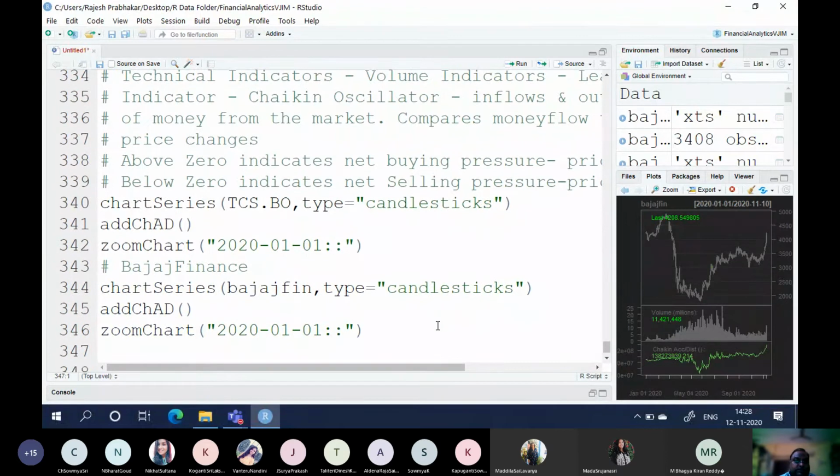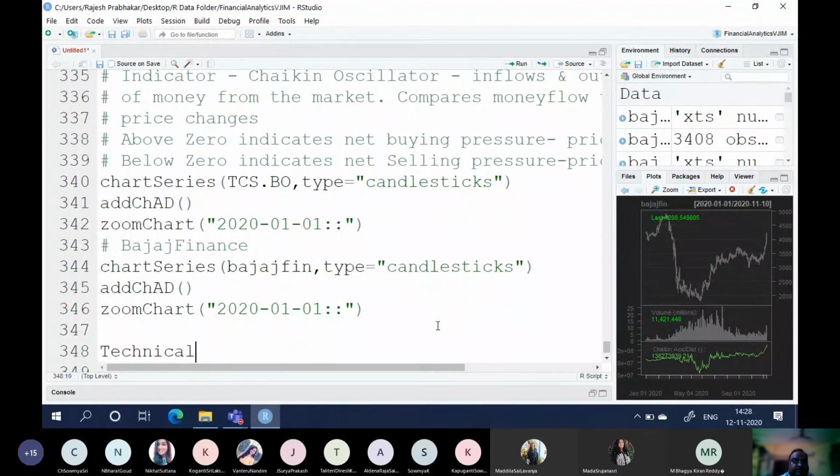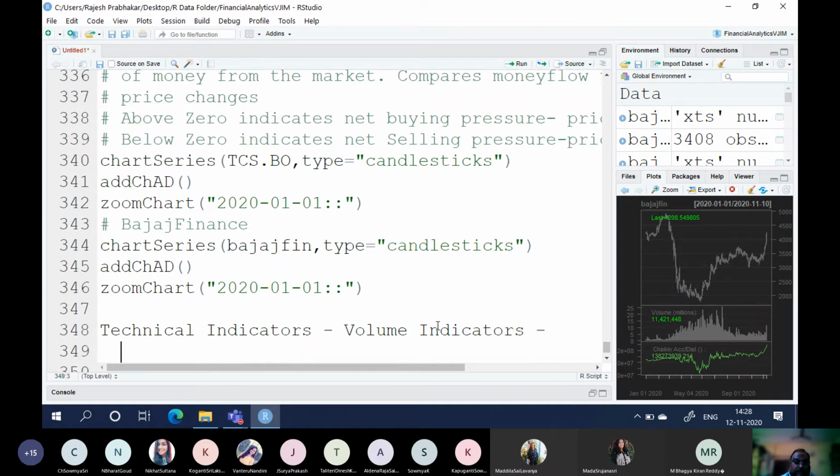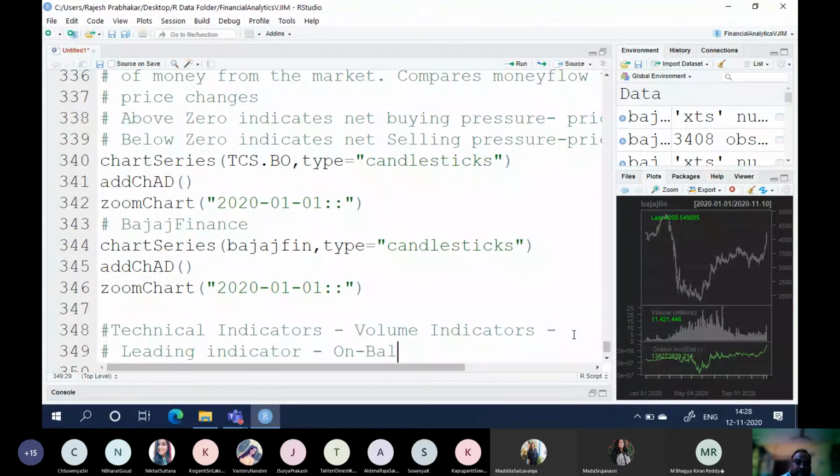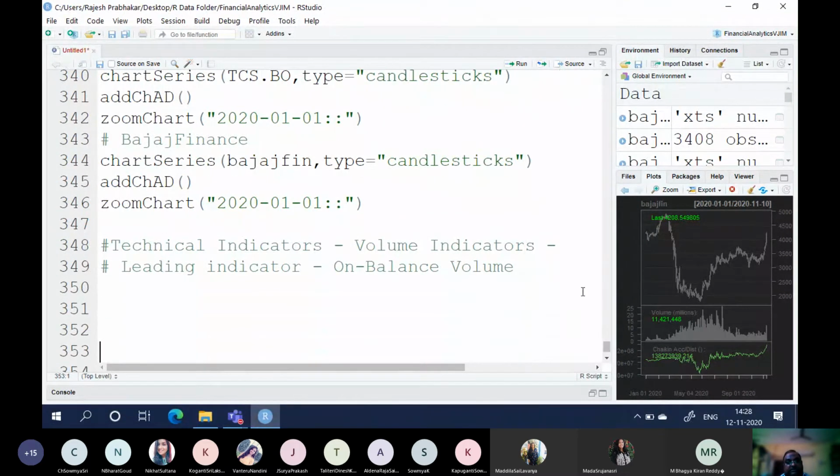Okay. So the last volume indicator among the technical indicators, again a leading indicator, is on balance volume. On balance volume is the next technical indicator, which is also a volume indicator.